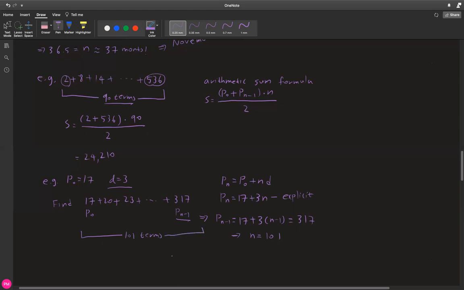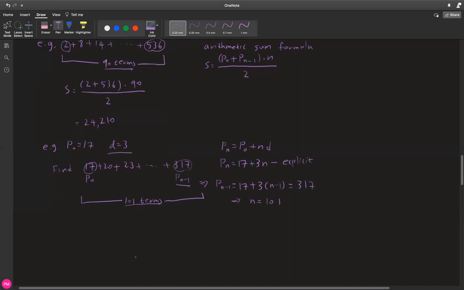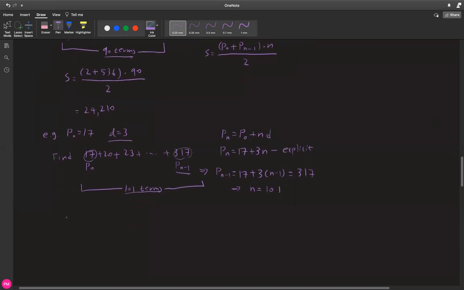And now, since you know the first term of the sequence, the last term of the sequence, and also the number of terms in the sequence, we can simply plug it into the arithmetic sum formula as 17 plus 317, multiplied by 101, divided by 2. And this should give you 16,867.